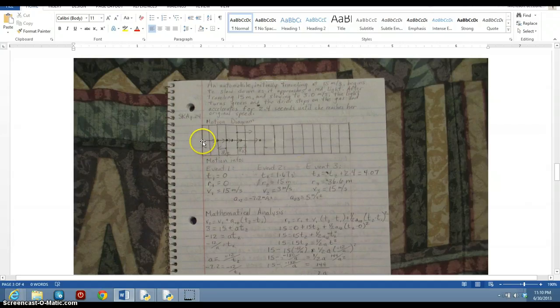So first we started at rest, and then there was acceleration actually going in the negative direction. And then once it hit another point, it started to accelerate again in the positive direction. So again, given some of the information, we had to find the other points.